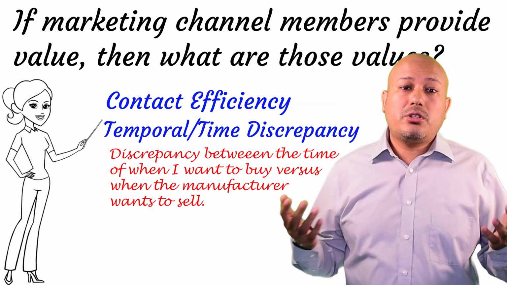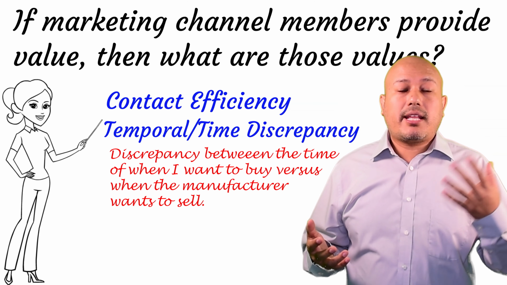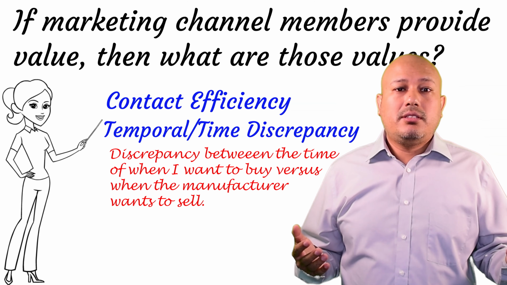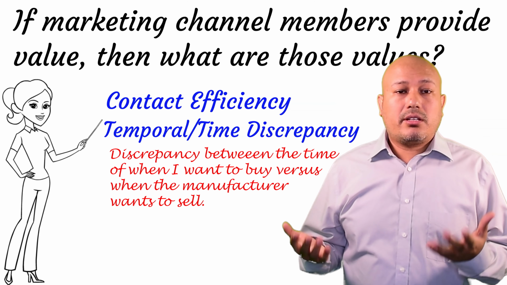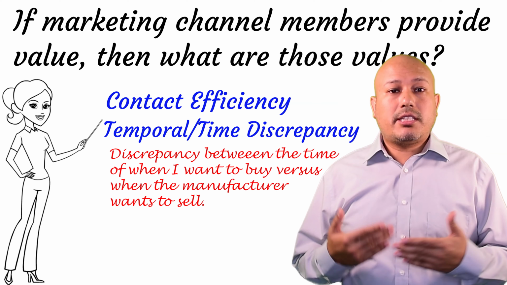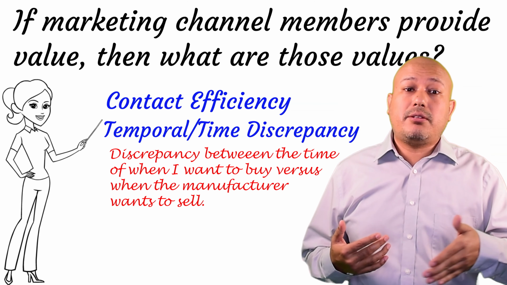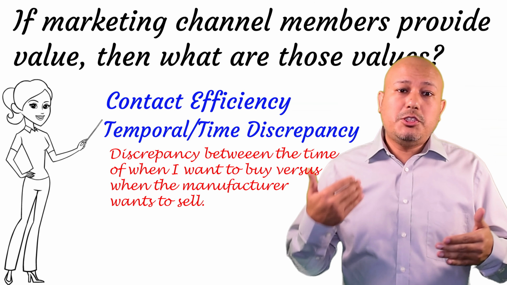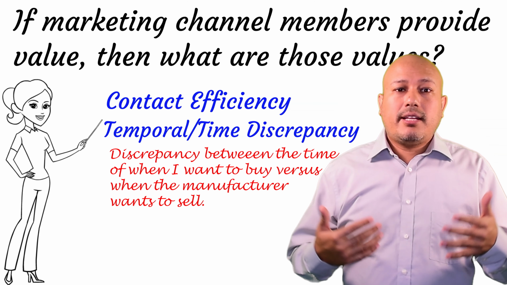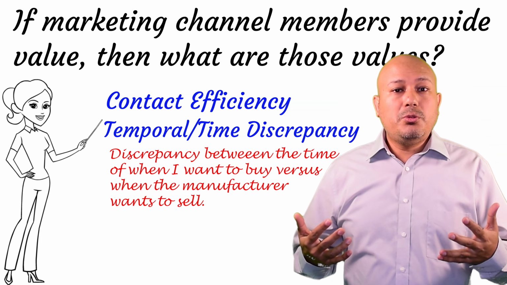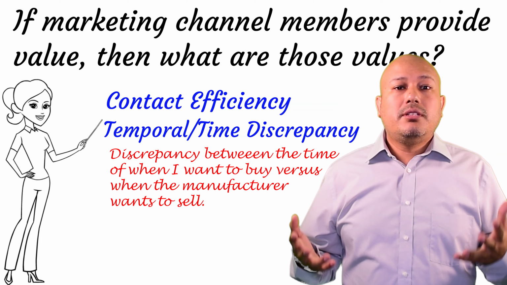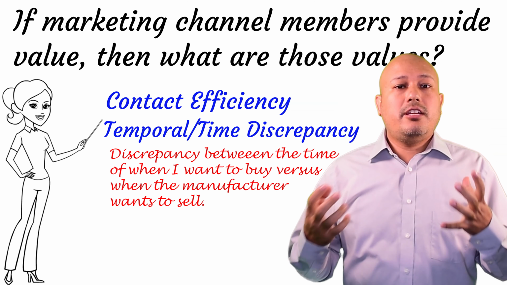So for example, Ford might have manufactured the product that I wanted to buy 6 months ago, but I want to buy a Ford or a car right now, right? So there is a temporal discrepancy between when the manufacturer manufactures the product and when the consumer wants to buy the product. What the marketing intermediaries do in this case of dealership is hold the product in inventory, right?